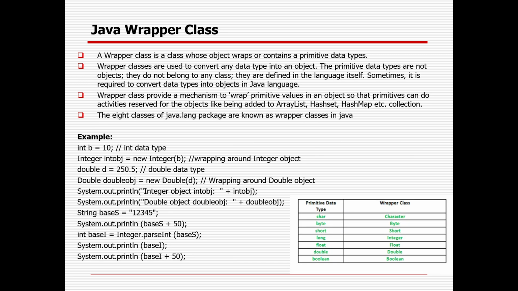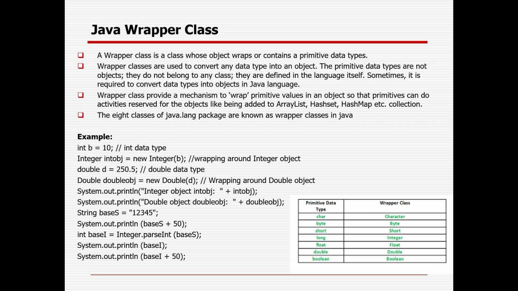Then I'll go to the Java wrapper class. So what is a wrapper class? Whatever we have now discussed, like integer, double, float, char, boolean, all these are just simply data types in Java. But these data types do not belong to any class in Java, so you cannot create an object.